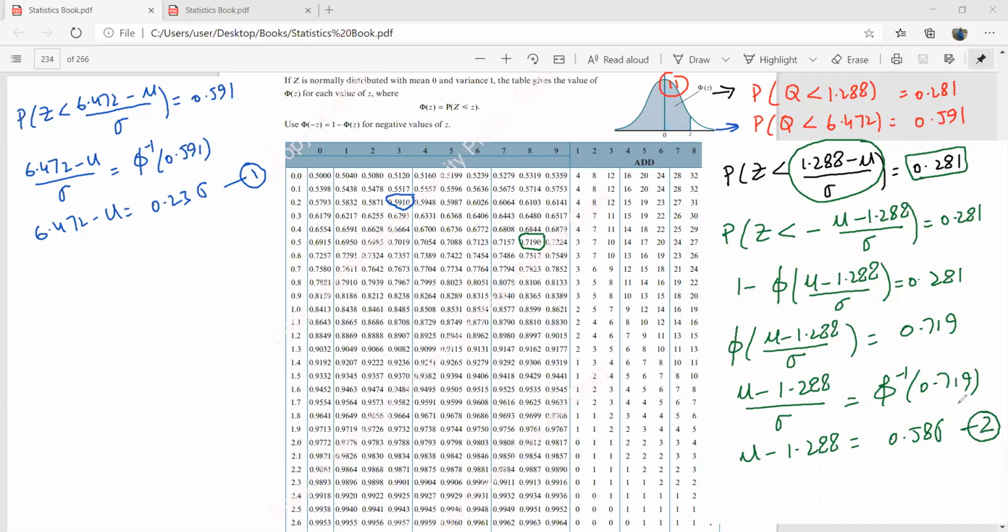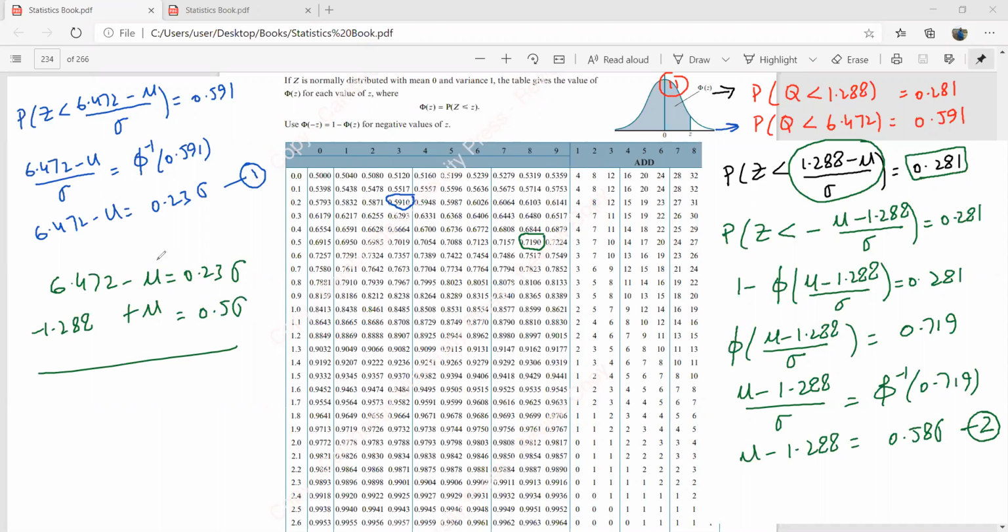You have to solve these two equations simultaneously. Let me do one part of this; you can find the sigma yourself. This is 0.23 sigma plus mu minus 1.288, that is 0.58 sigma.